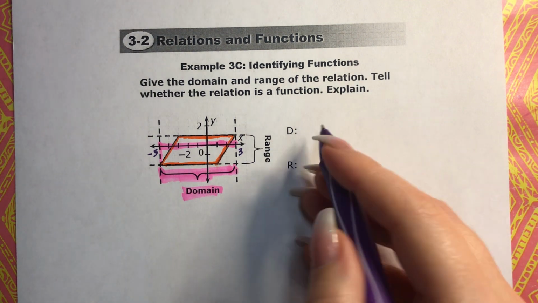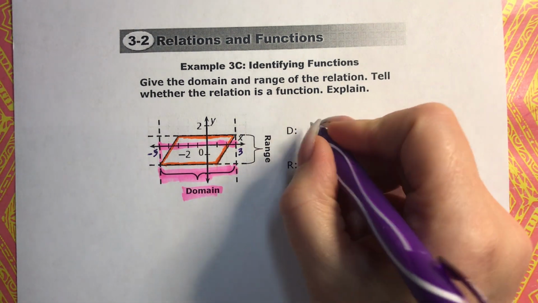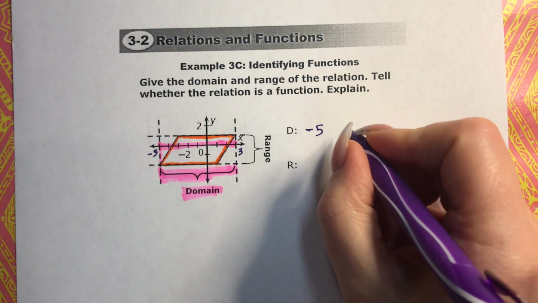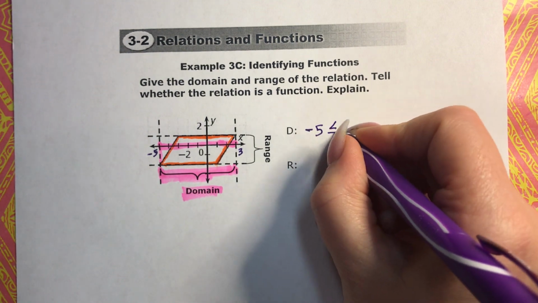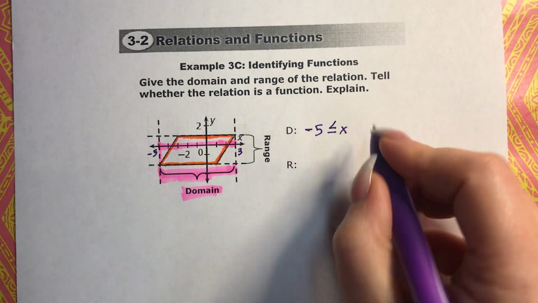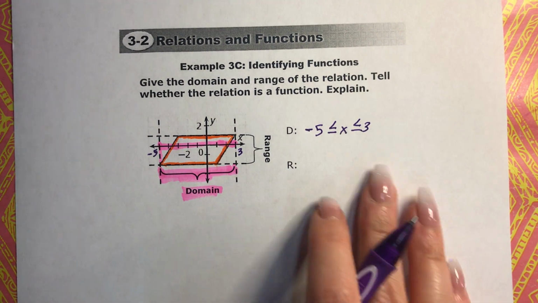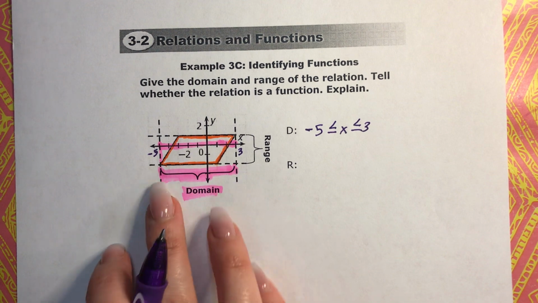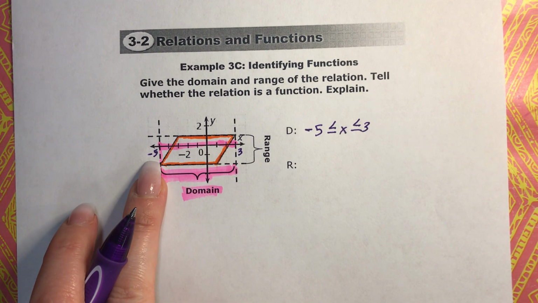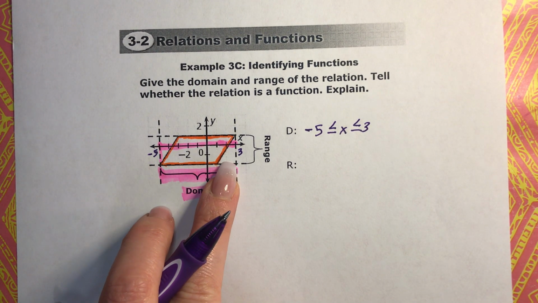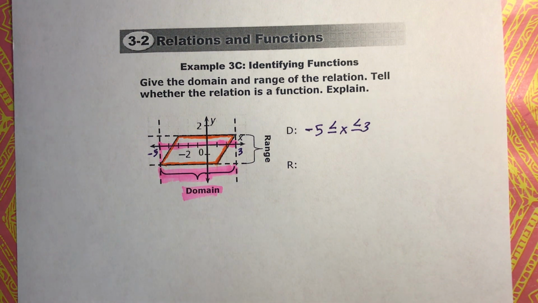We have D, the smallest is -5, and then we have x, and x is greater than or equal to -5 all the way up to +3. x is less than or equal to 3. So that would be the domain here. The x values go from -5 all the way to 3.